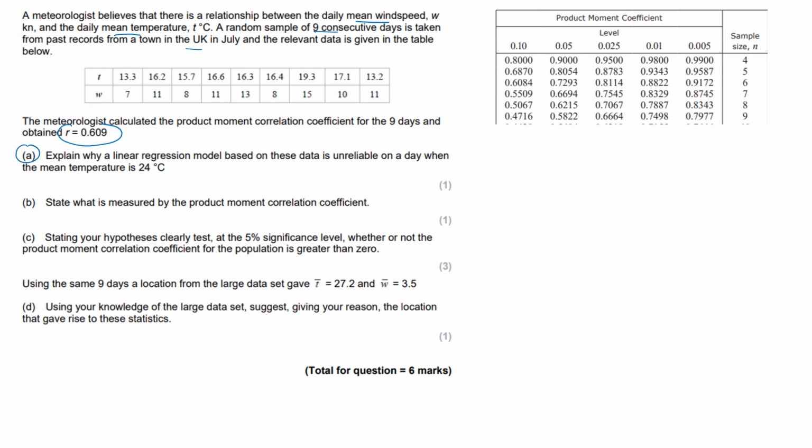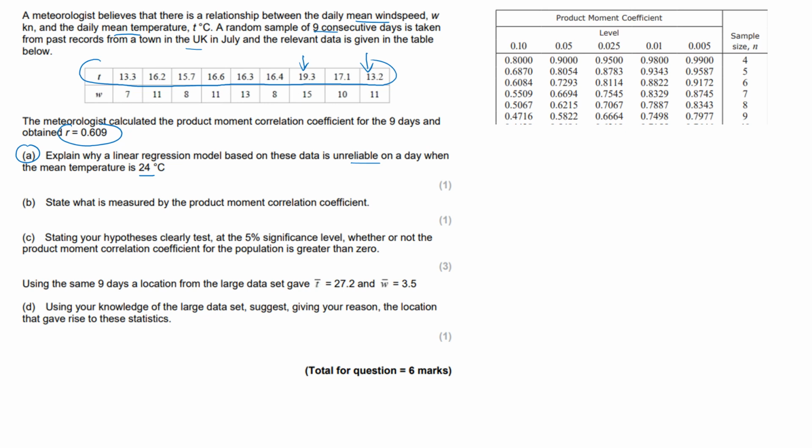For part A, we're being asked to explain why linear regression based on these data is unreliable for a mean temperature of 24. So we can look at the temperature range for these 9 days, and we can see it goes from 13.2 to 19.3, and 24 is outside this range.